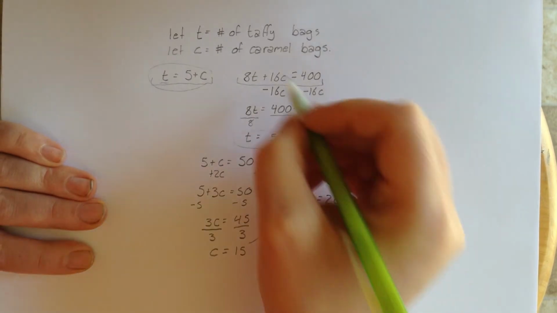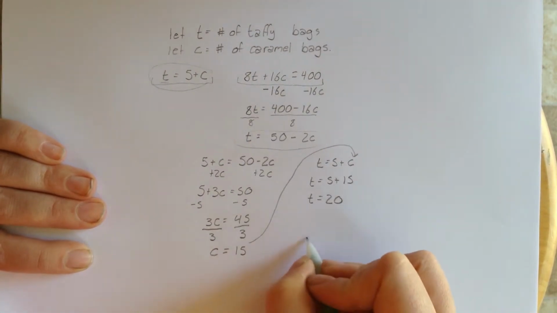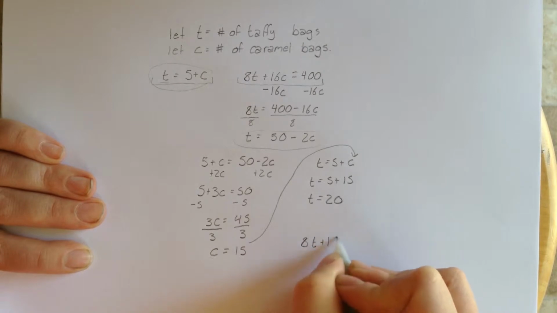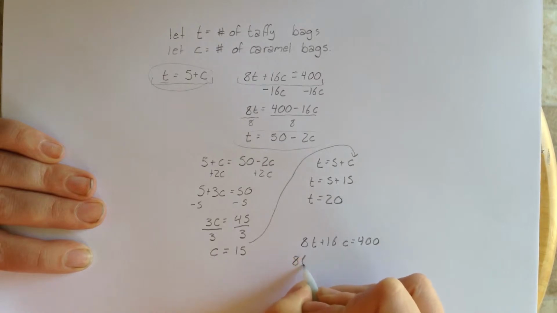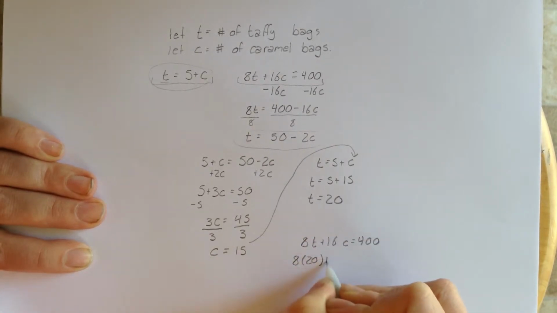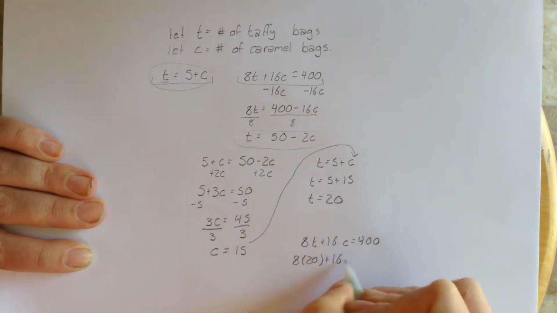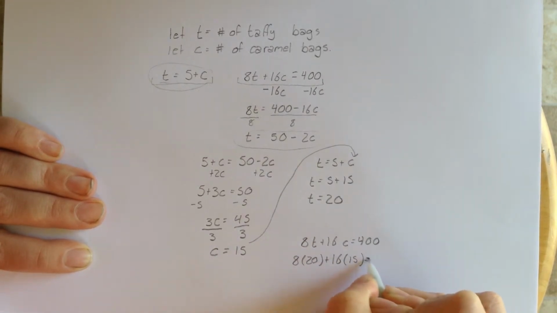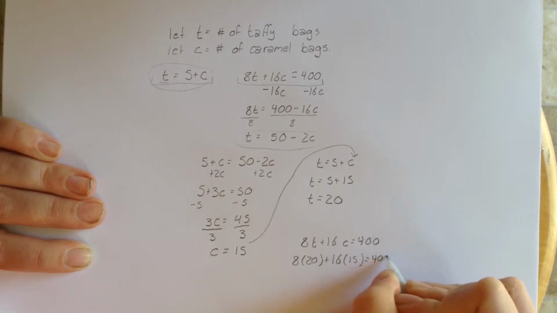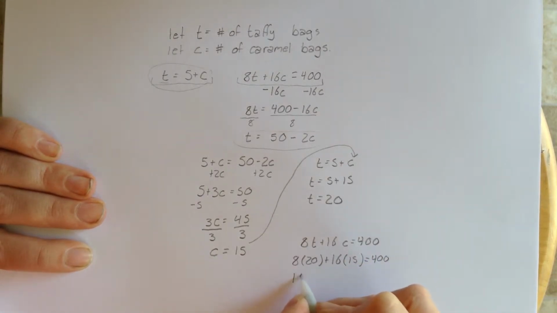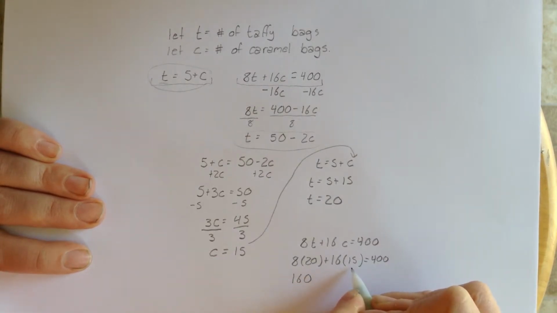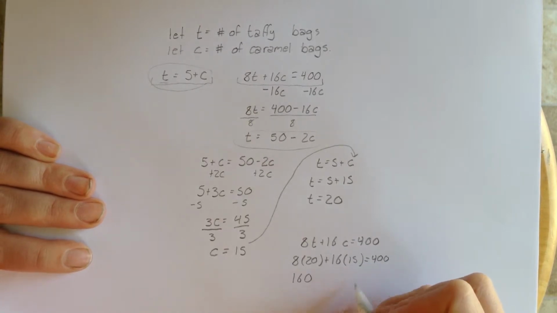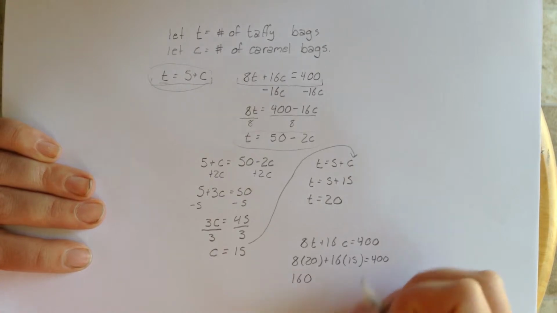If I were to run a check with my other equation, if 8t plus 16c equals 400, well then I should find that 8 times my value for t, which was 20, plus 16 times my value for c, which was 15, would equal 400. 8 times 20, 160, and 16 times 15, let's see, 16 times 10 would be 160, 16 times 5 would be 80, and 160 plus 80 would be 240.